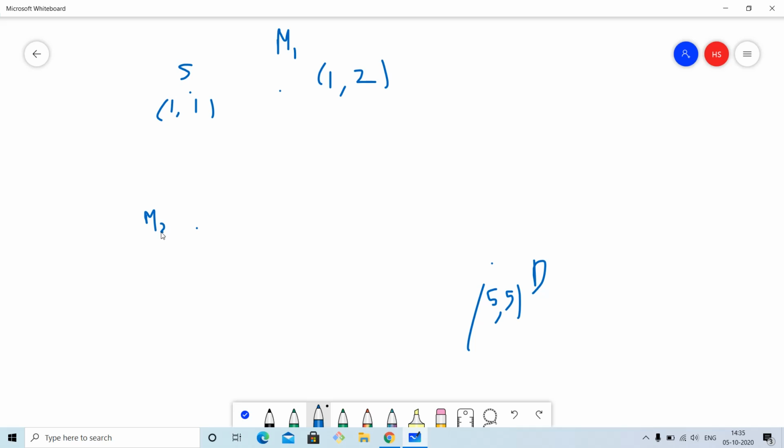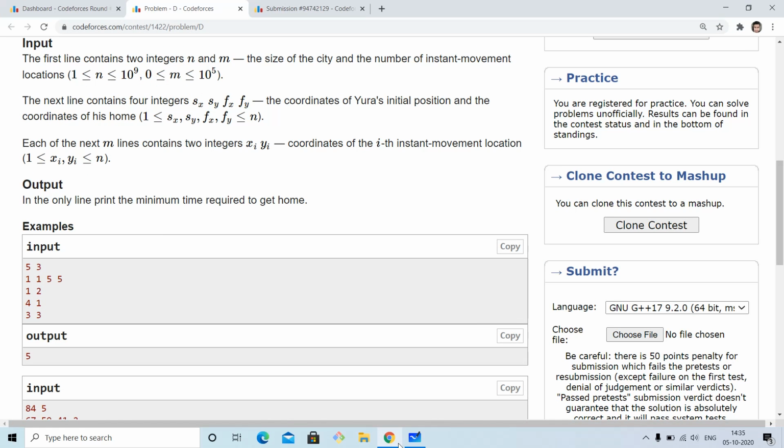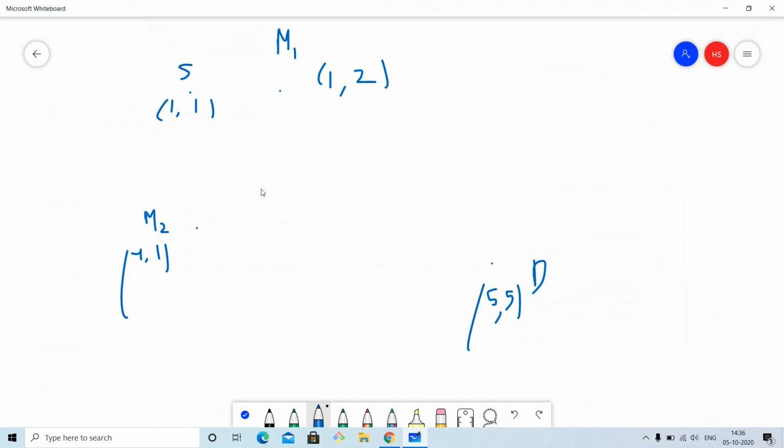And there is another one at the location 3 comma 3, which we can call m3. In this situation, we can come directly from the source to the magical location at 4 comma 1 in no time.